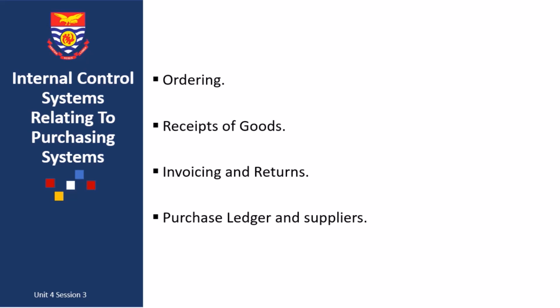Then we come to invoicing and returns. Purchase invoices received should be stamped with an approval grid and given a unique serial number to ensure purchase invoices do not go astray. So there should be a special invoice that has to be raised with appropriate approval so that these serial numbers make it so unique that they do not go astray.